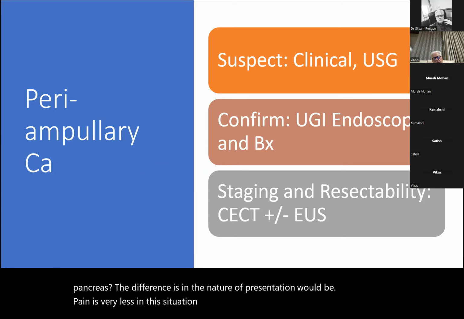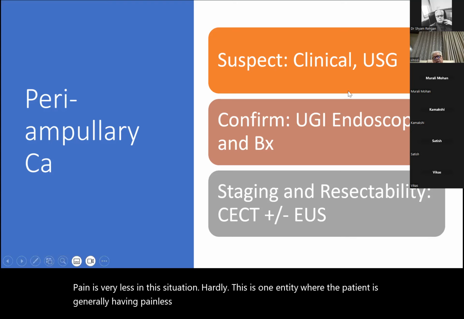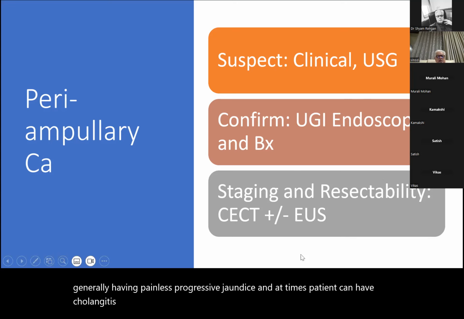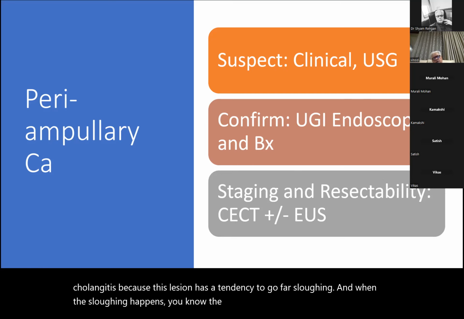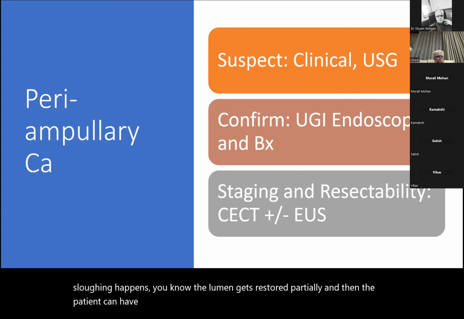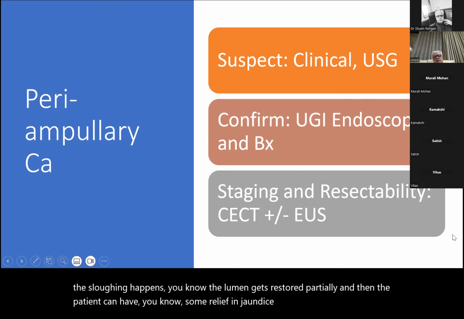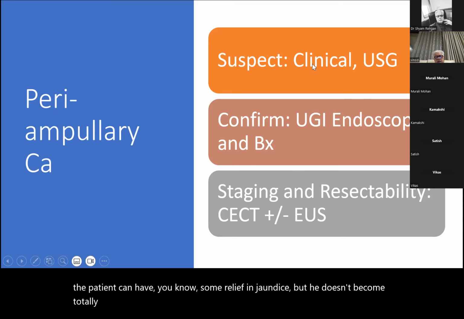Hardly, this is one entity where the patient generally has painless progressive jaundice. And at times, the patient can have cholangitis because this lesion has a tendency to go for sloughing. And when the sloughing happens, the lumen gets restored partially, and then the patient can have some relief in jaundice, but he doesn't become totally anicteric. So that's the one change.